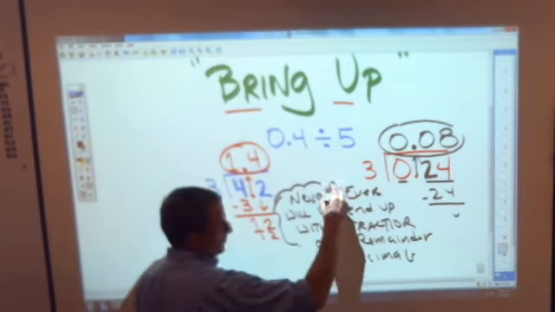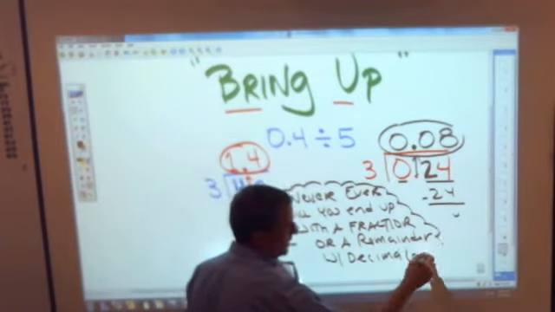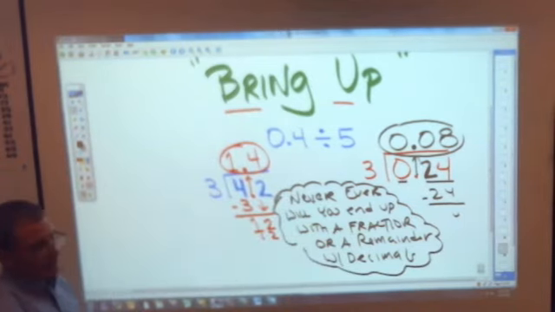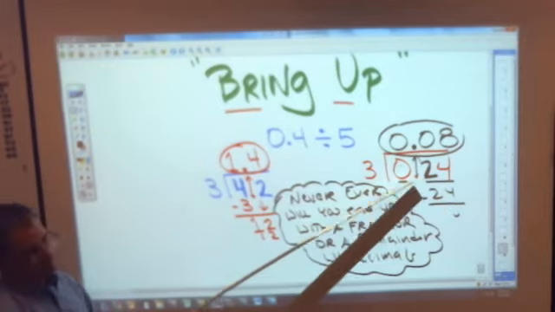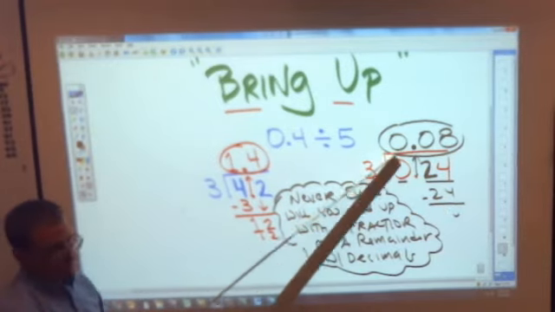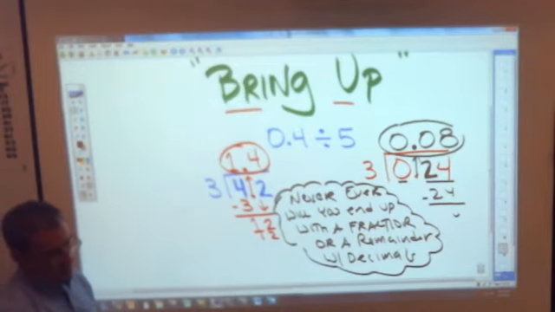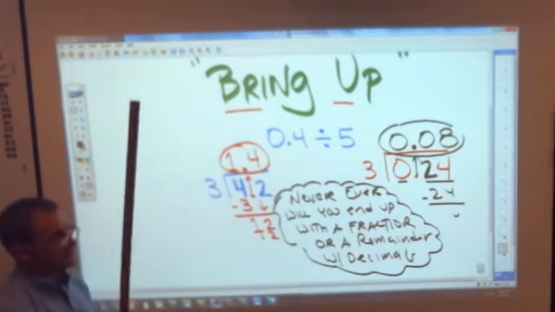If you end up with those, you will get the problem wrong. Just get that in your head. I don't mix fractions with decimals. If I'm doing a decimal division problem, my answer is in decimals and strictly in decimals. So if you end up with remainders or fractions, you've done something incorrect.